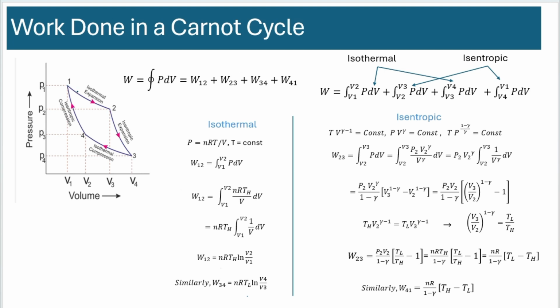So 1, 2 is isothermal and 3, 4 is isothermal. Both those works done are derived here in terms of the volumes and the temperatures. Same for isentropic. We have 2, 3 and 4, 1. So both those work done values are calculated here.